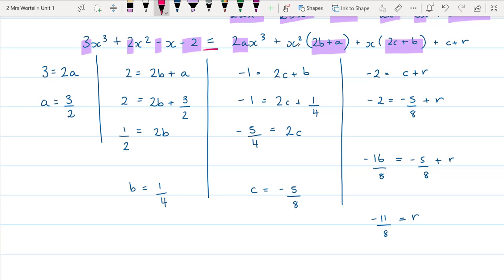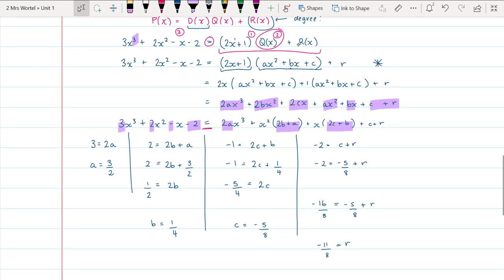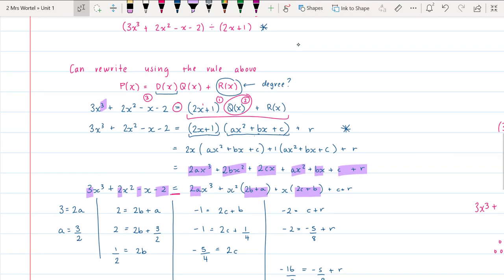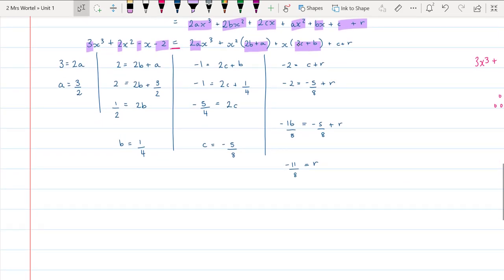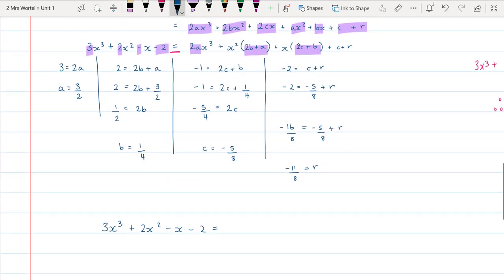I've done the hard bit now. All I'm going to do is put these a, b, c, and r values back into the equation that I wrote up above. So the equation I wrote up above was this one here. So I'm going to put everything back into there. 3x cubed plus 2x squared minus x minus 2 is equal to 2x plus 1 multiplied by my quotient, which I now know, so my ax squared plus bx plus c.